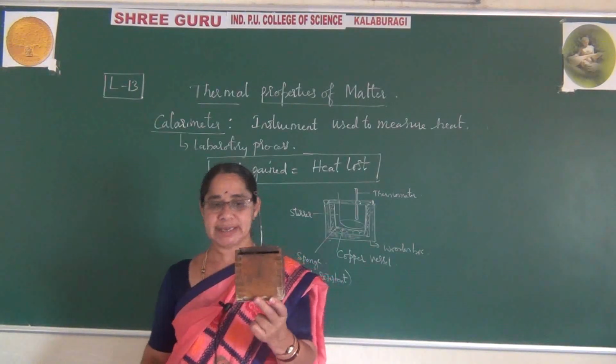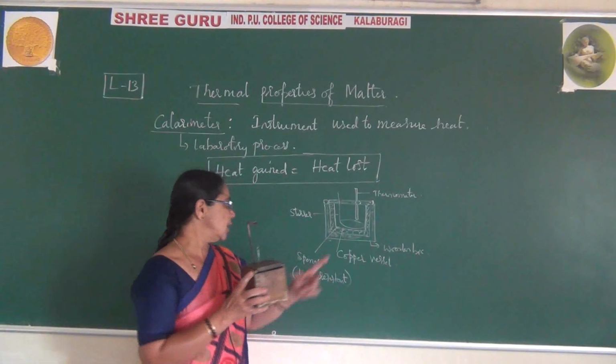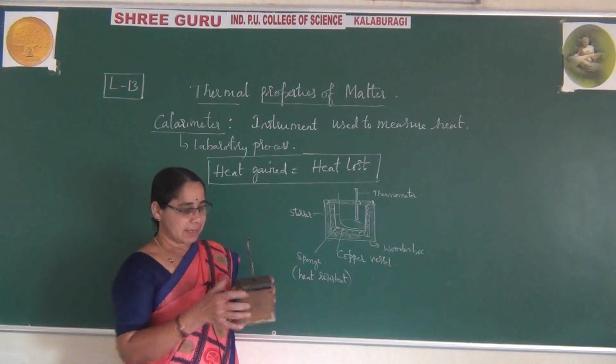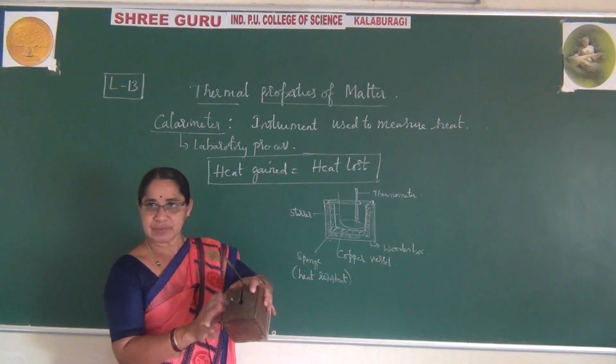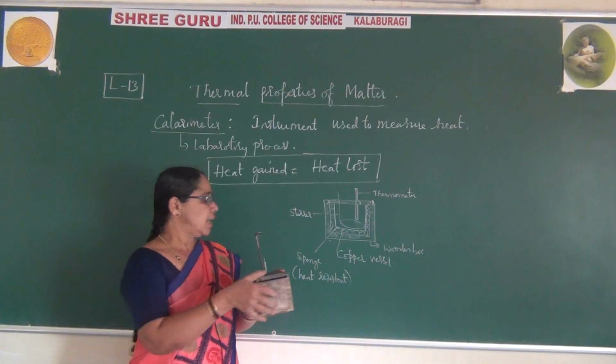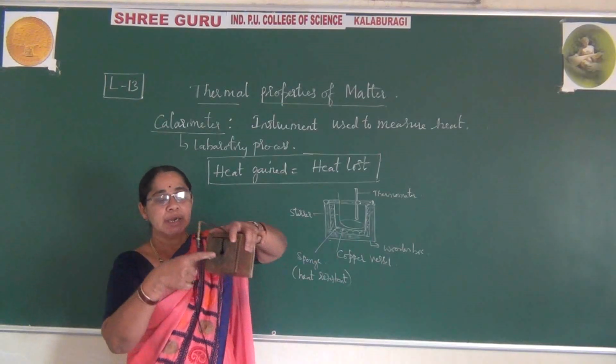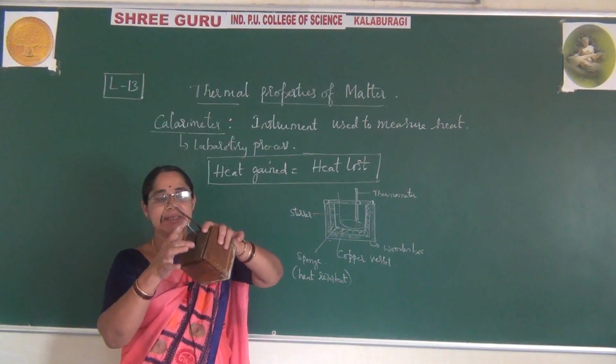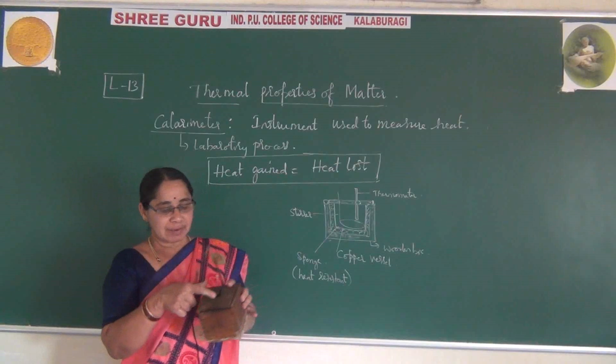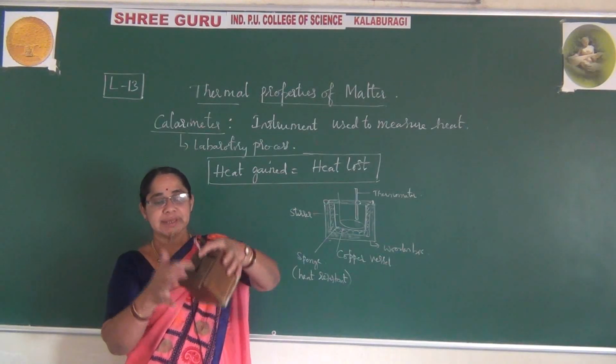Hope you understood what I said. This is the wooden box, which is completely closed with the lid. Here is a hole to place the stirrer, and one more hole to place the thermometer.